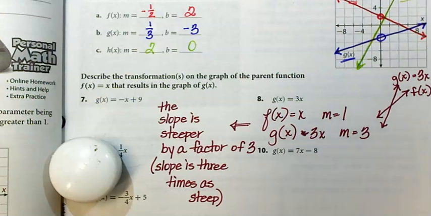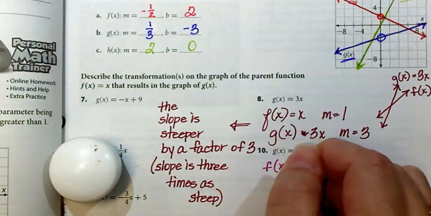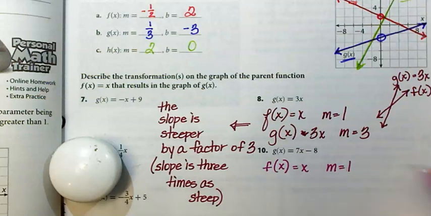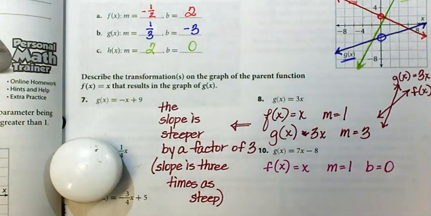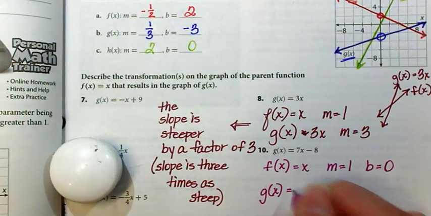All right, let's look at number 10. G of x is equal to 7x minus 8. All right, f of x is the original. You had a slope of 1 and a y-intercept of 0. G of x, you've actually changed 2 things.